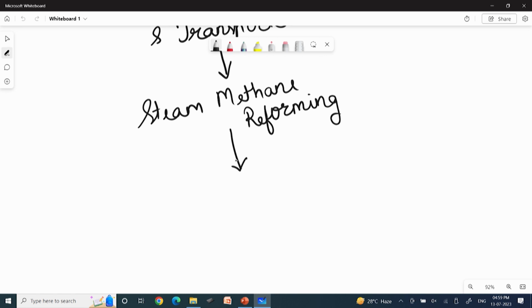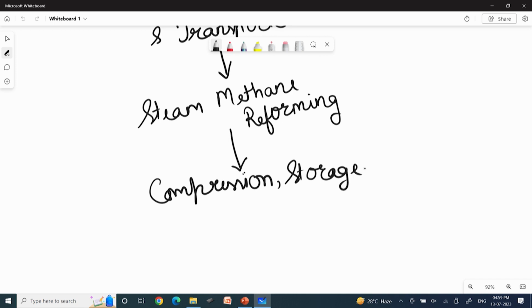Also, you would need to compress the gas as well as store it and then transport it. So, we would have the compression, storage that occurs at high pressures, and transportation.